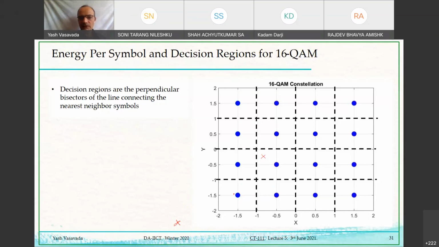Yes, you will demodulate this point because this is the closest point compared to the other point. So you can think of the decision regions for the outer symbols as going on forever. They extend out into infinity.